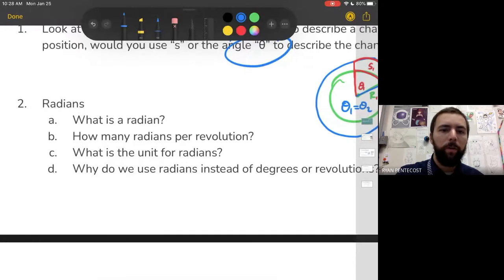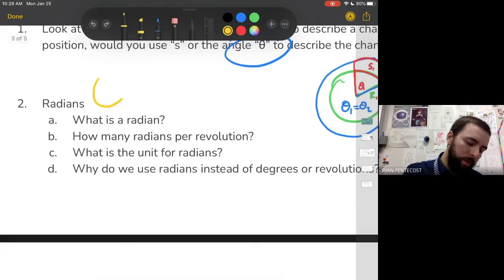So first, let's talk about what a radian is. A radian is the angle that you make if you were to take the radius of a circle, let's do this, you've got the radius of a circle, and you were to overlay that radius onto the circumference.